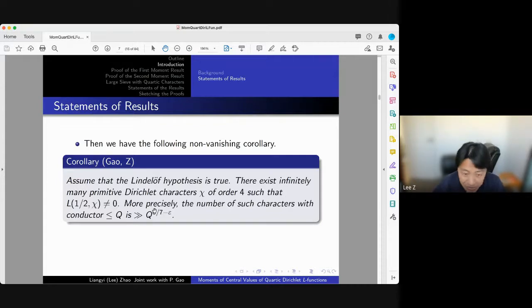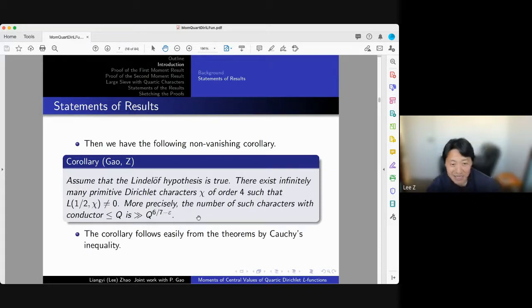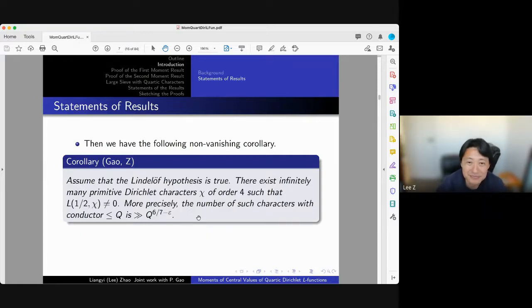All right. So once you have those moment results, the first moment and the second moment, then this corollary follows rather easily, by just using Cauchy's inequality.